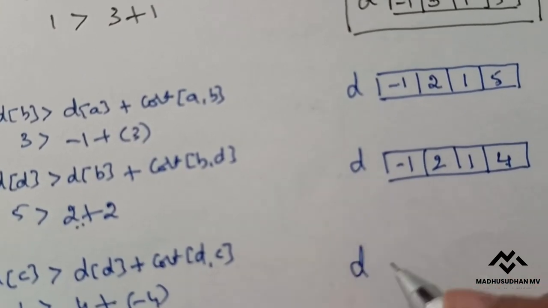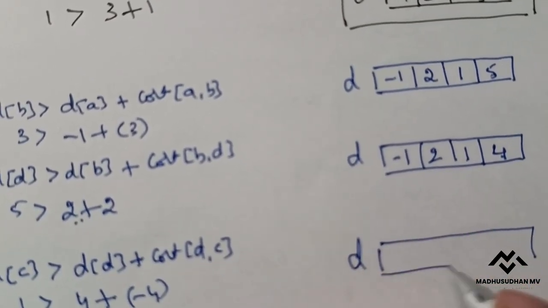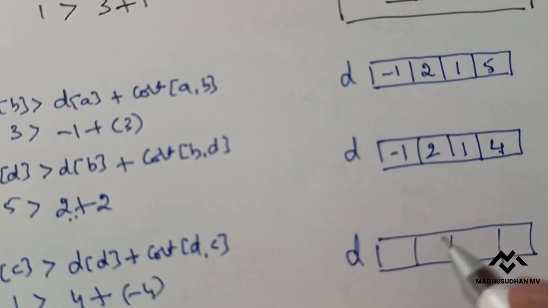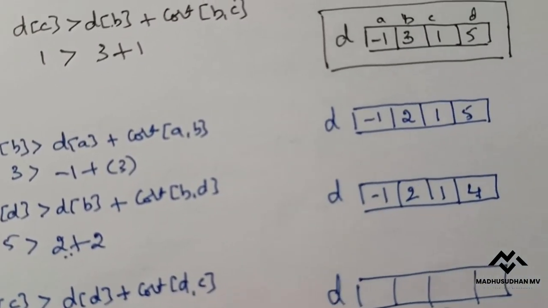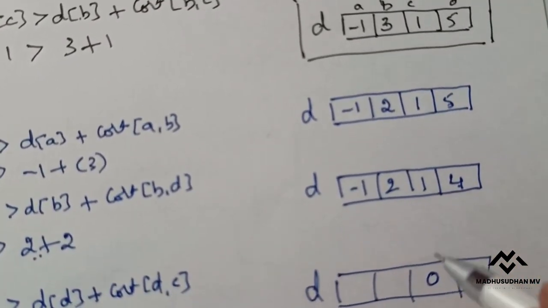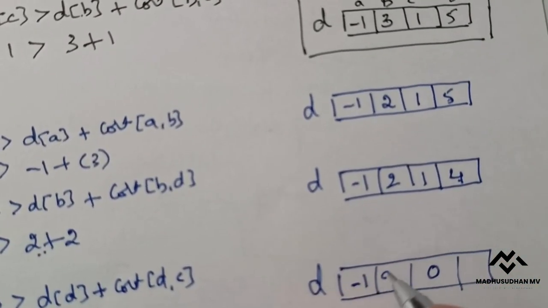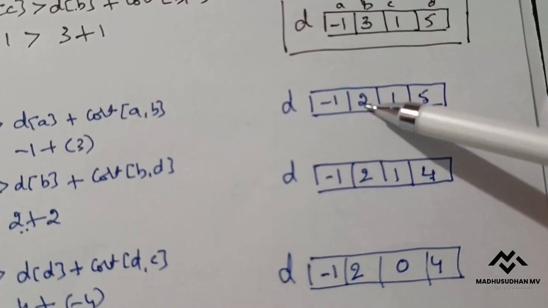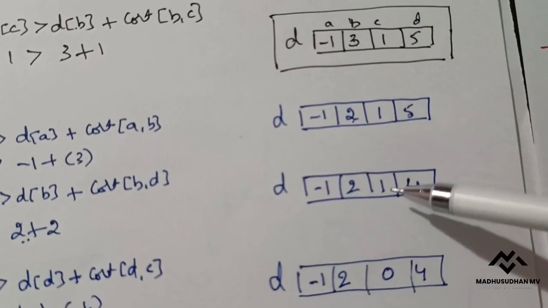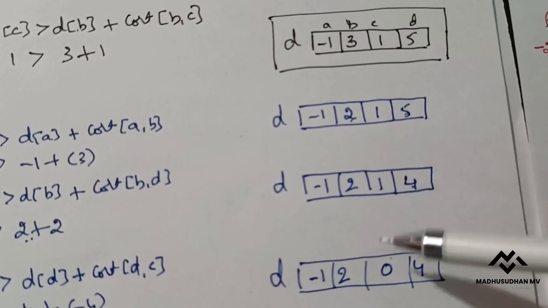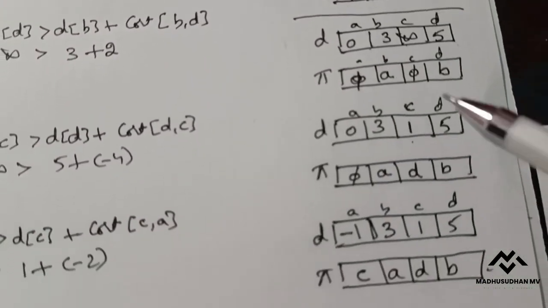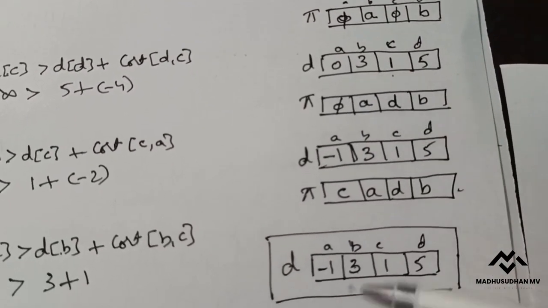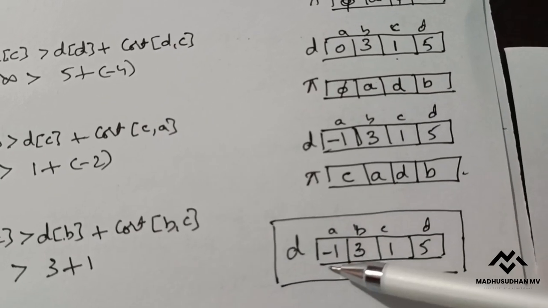My new distance of C is 0. That means 1 is reduced to 0. If you observe, 3 reduced to 2, 1 reduced to 0, 5 reduced to 4. It just keeps reducing.